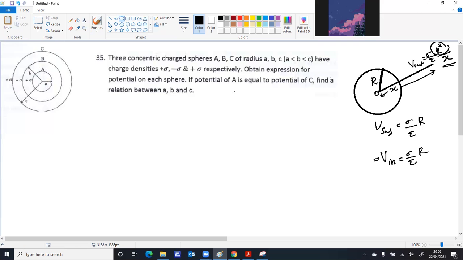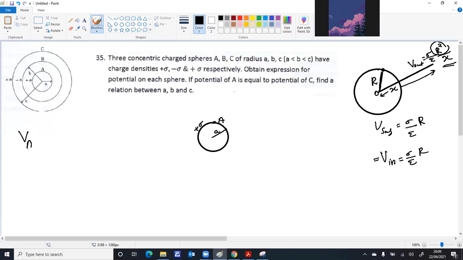So potential on point A. This is the A sphere. This is the point marked as A. It has three contributions, right? Yes, sir. Repeat, you can start now.